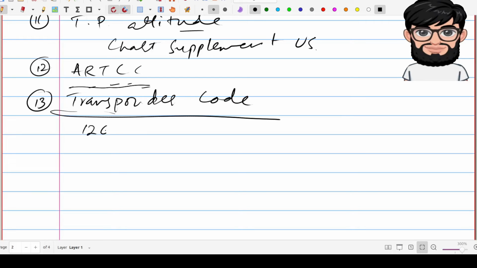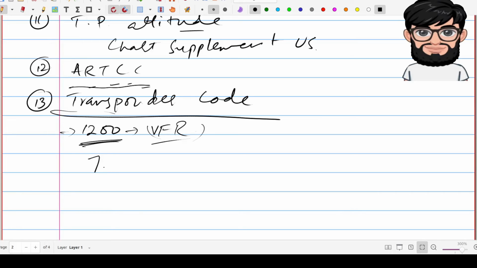These are generic ones and they have some meaning. 1200 is for VFR. If you are flying VFR and not in communication with ATC, your transponder code is going to be 1200.